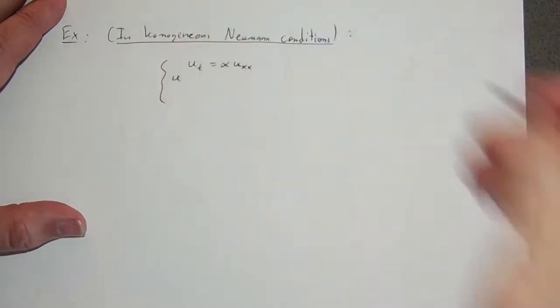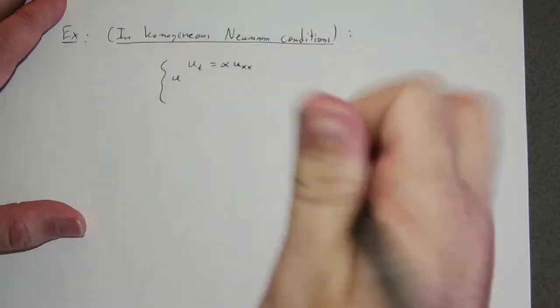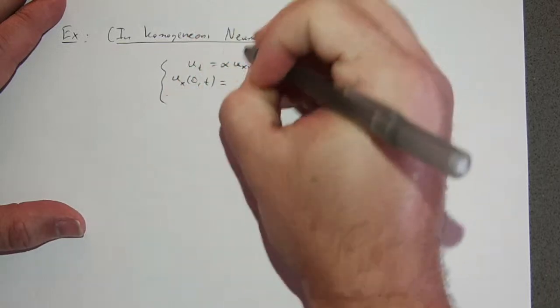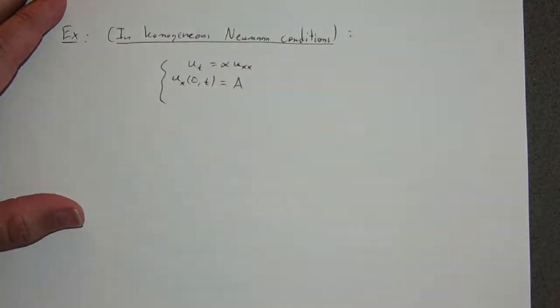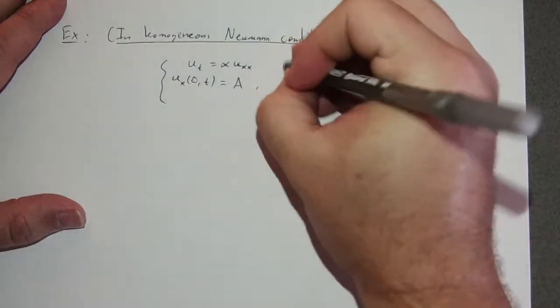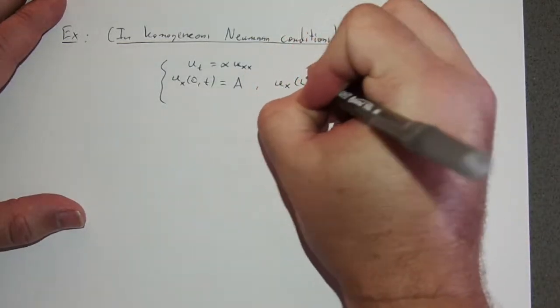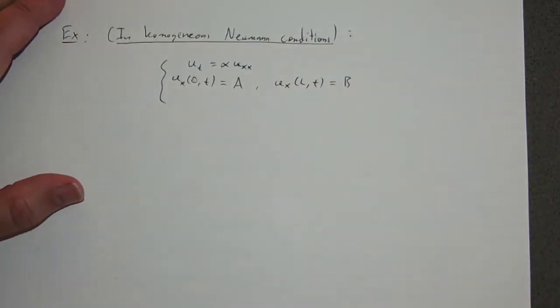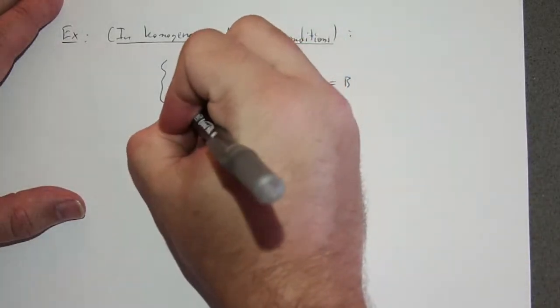My boundary conditions are now inhomogeneous Neumann. So I have flux at the left end that's prescribed to be some constant A. We'll say I have flux at the right end that's prescribed to be some constant B. Okay. I have initial conditions.